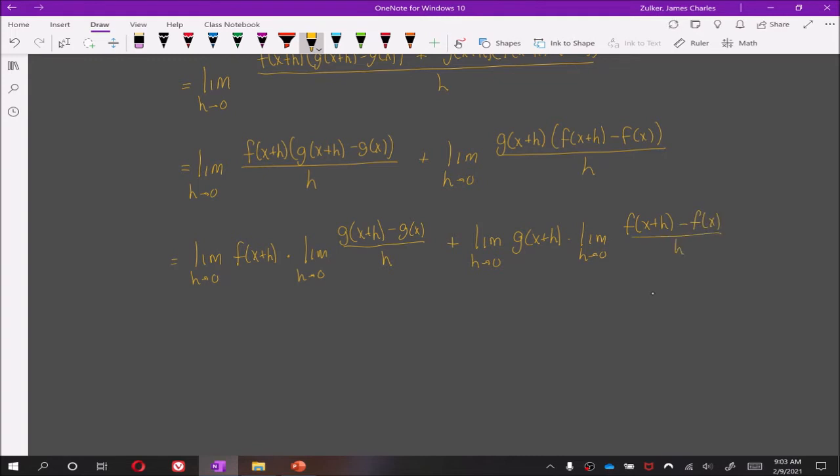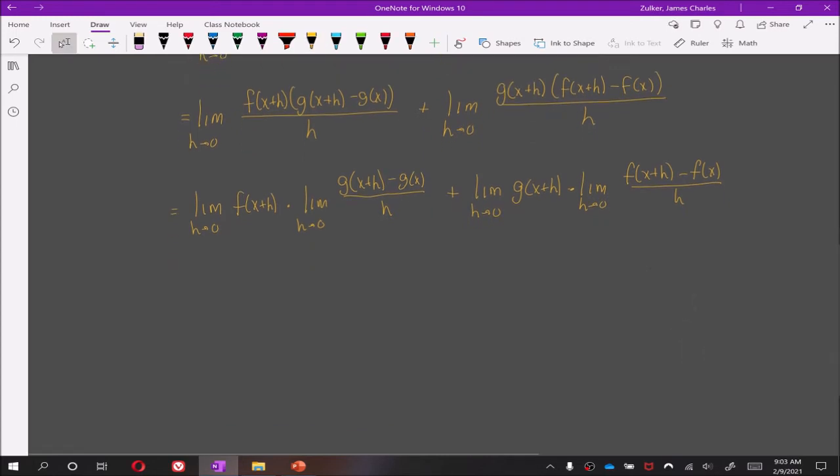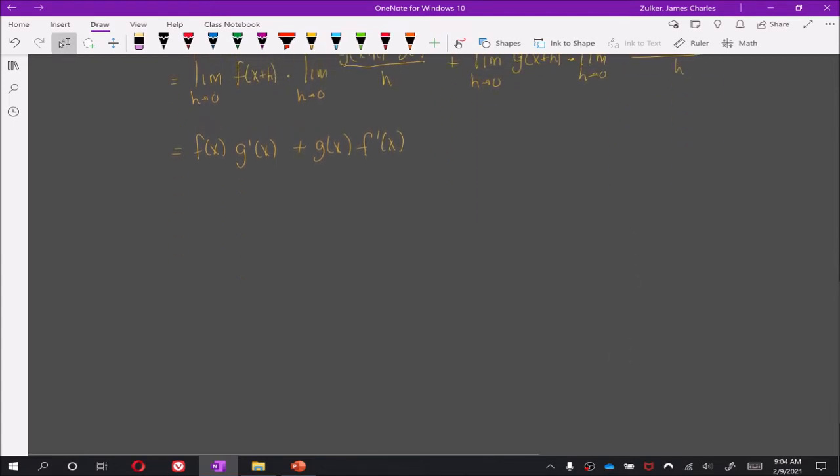Like so. We can now evaluate each of these limits. This first limit would just be f of x. That second limit is g prime of x. That third limit is g of x. And that fourth limit is f prime of x. And so this gives us the product rule.